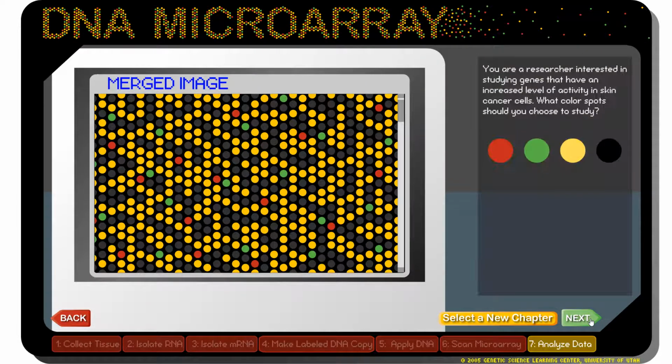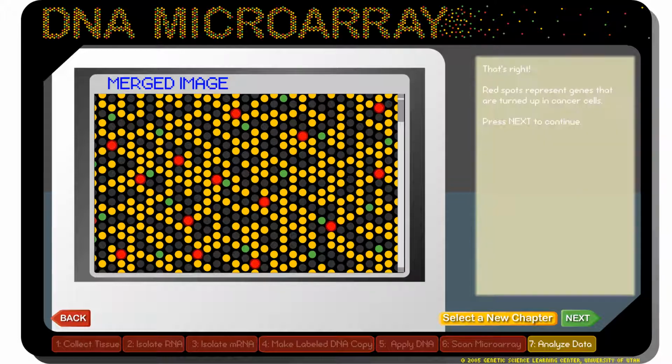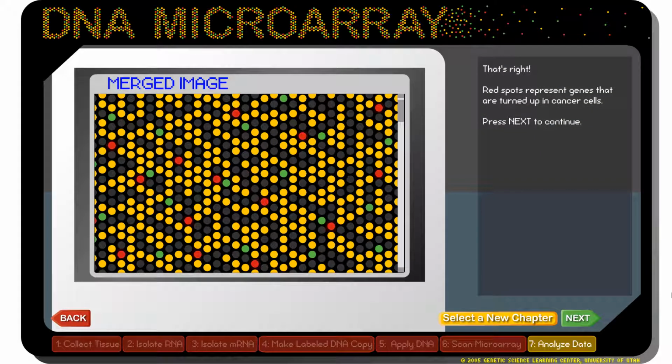Let's now apply what we have found out to answer these questions. Of course, here, we will choose red because there's increased activity in these genes in cancer cells. Here we have lots of red, but in most cases, it's because these genes are activated by one or two of these red dots here.